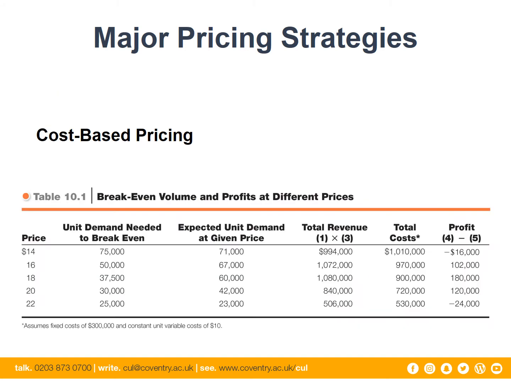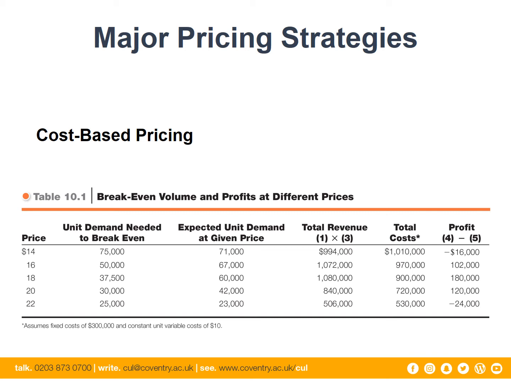So if we look at this example here in terms of cost-based pricing, on the left-hand side we've got the potential price that we're going to sell the product at, and then on the third column we've got the expected unit demand at that price.